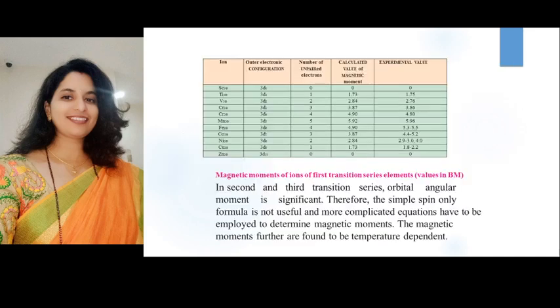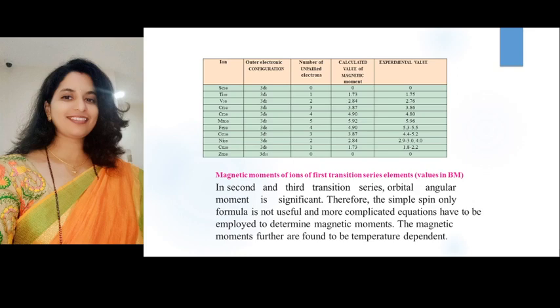This table represents the calculated and experimental value of magnetic moment of ions of first transition series elements. In this table, scandium has 0 unpaired electrons, so the magnetic moment value will be 0.